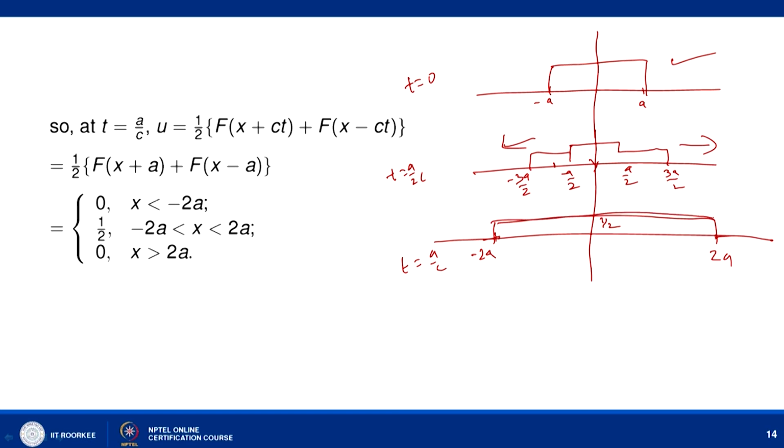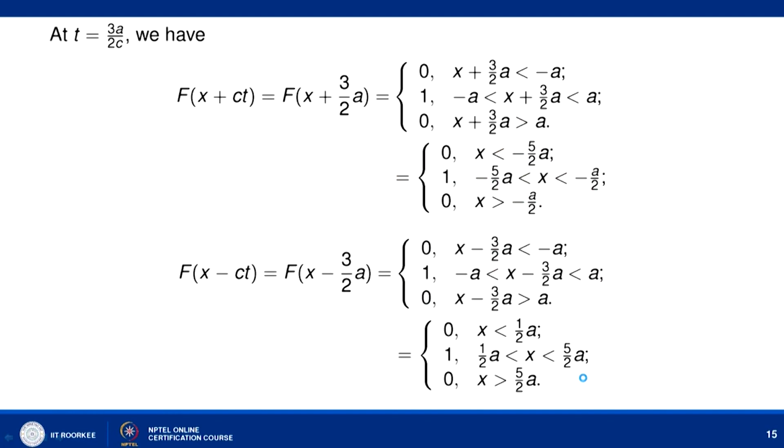Now, let us consider one more point, that is t equal to 3a by 2c, and we want to see what the behavior should be here. So, to find out, let us say t equal to 3a by 2c, and here x plus ct is f of x plus 3 by 2a, and we have calculated it like this, f of x minus ct, that is f of x minus 3 by 2a, and we have calculated like this.